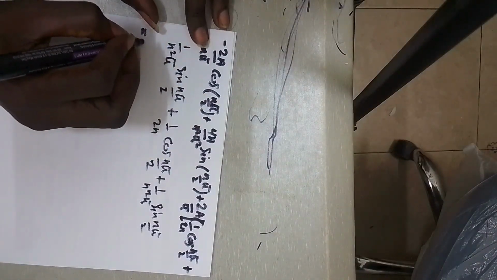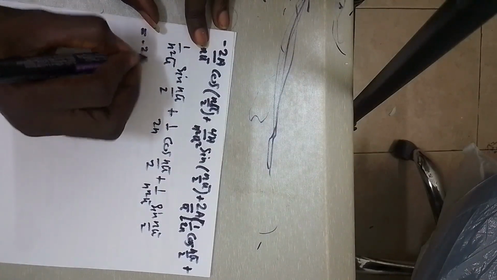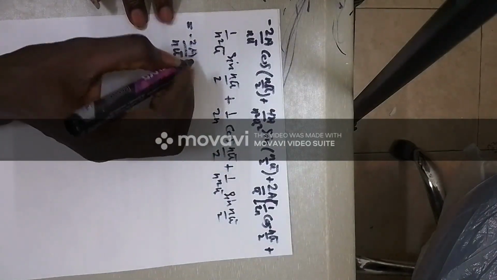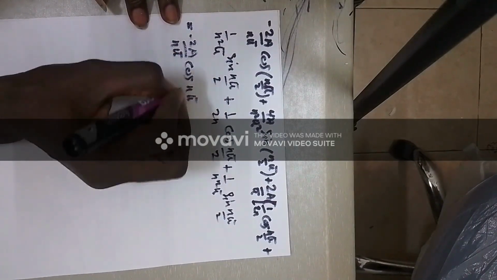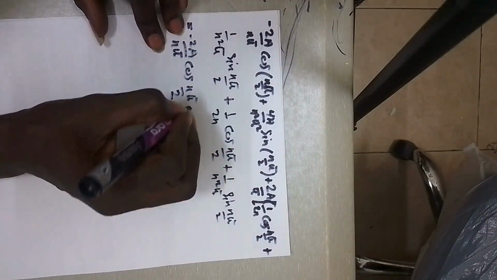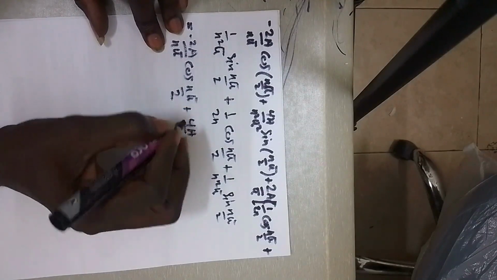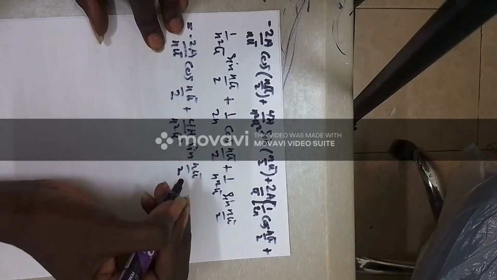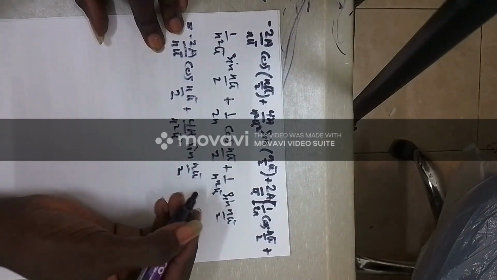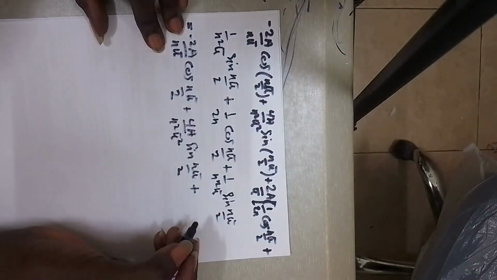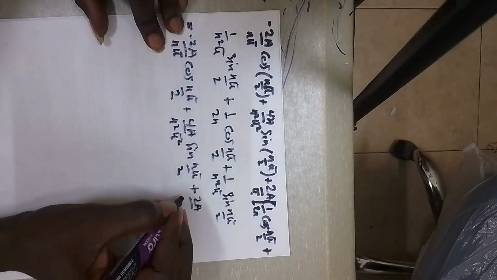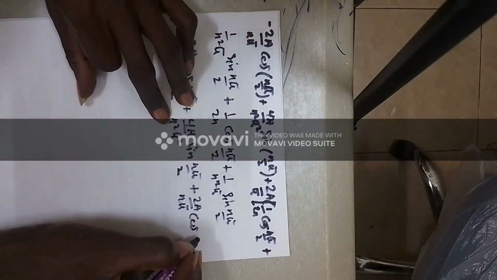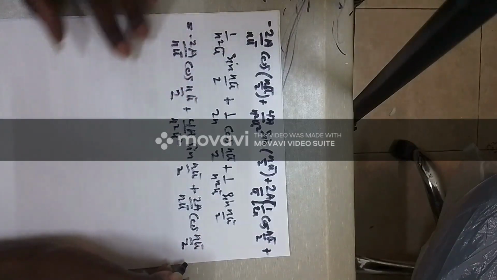So now here I'm going to have minus 2a over n pi cos n pi on 2, plus 4a over n squared pi squared sine n pi on 2, plus 2a over n pi into cos n pi on 2.